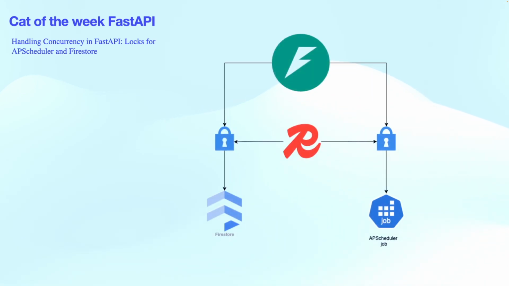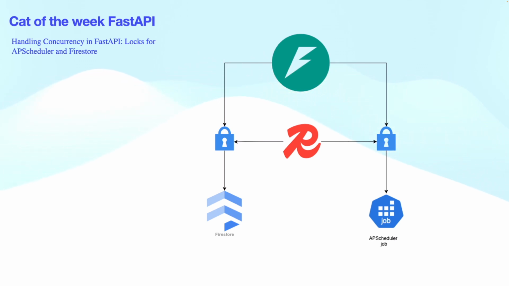We have the FastAPI application and we can have, for example, multiple workers or multiple instances of this application, and since we have APScheduler jobs which are triggered by a cron job, if we have more than one worker and more than one instance, we will execute the same job more than once.